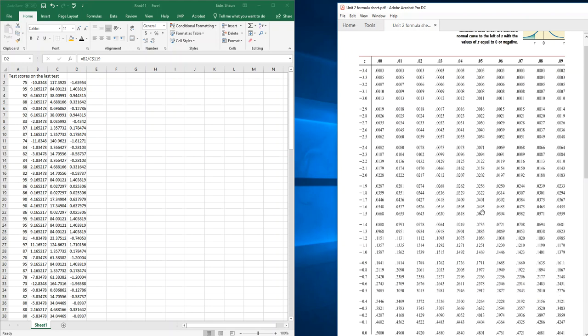So the probability of an individual being below a 75 is 4.95%.